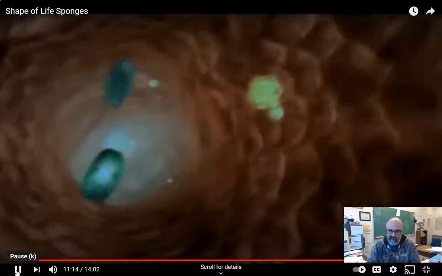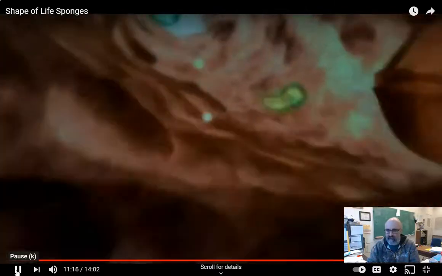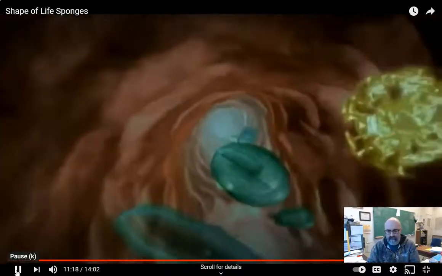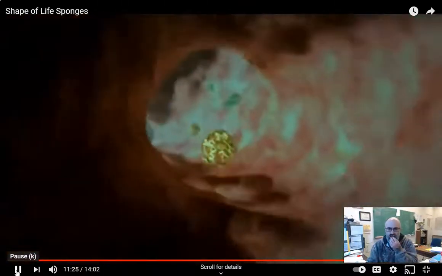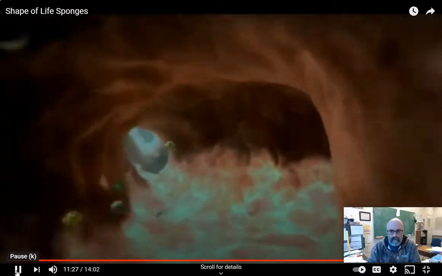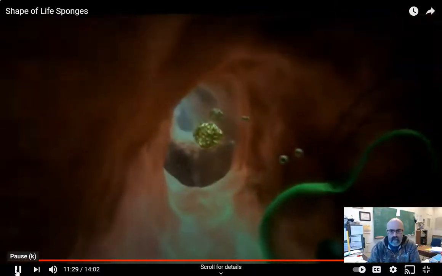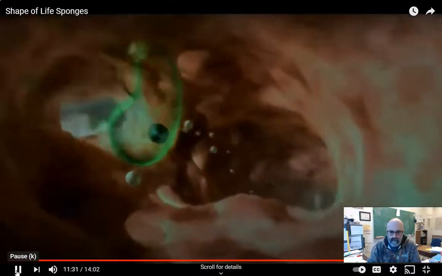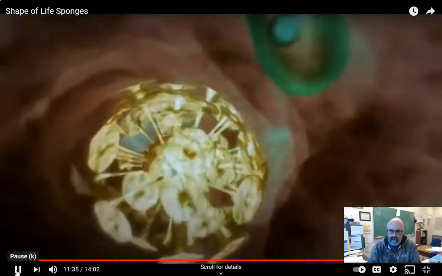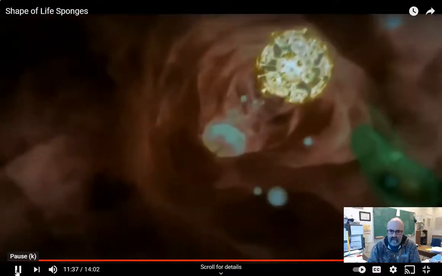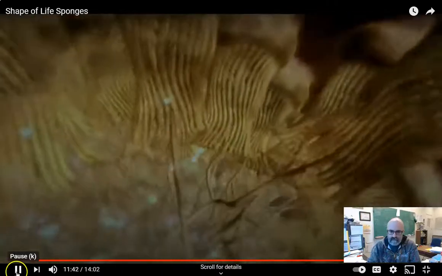They just phagocytize the food without even filtering it out. As we are drawn through ever narrower passages, the current slows until we burst.